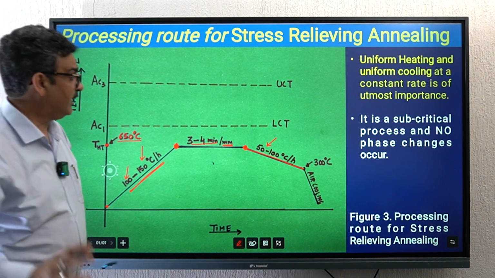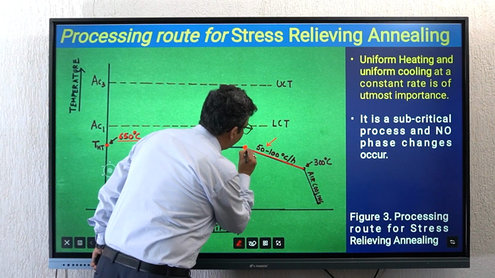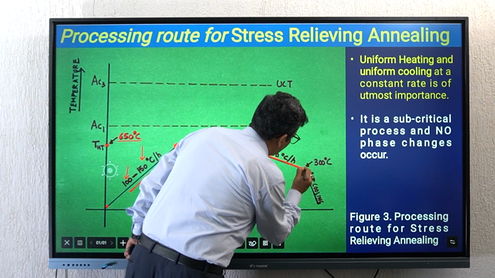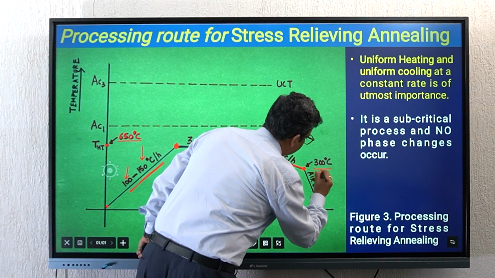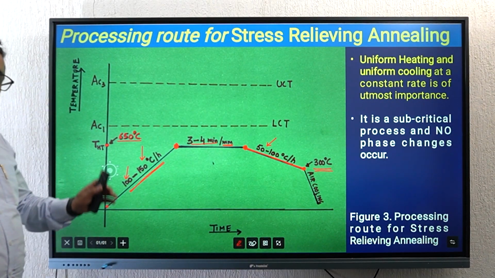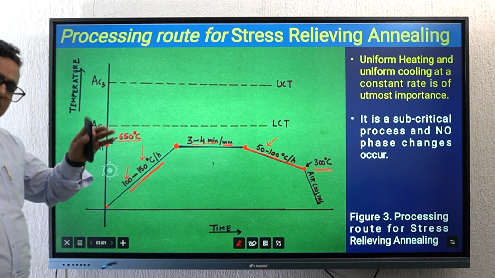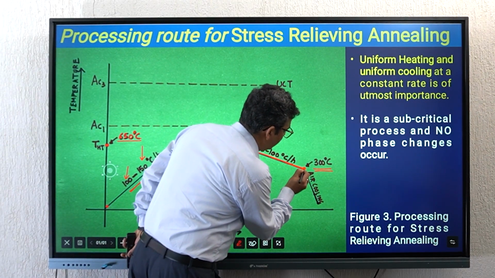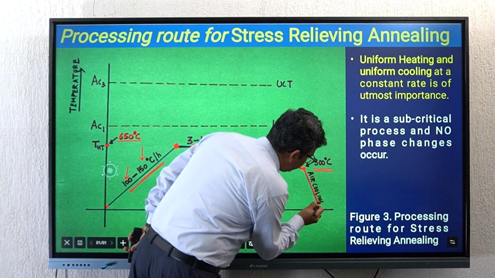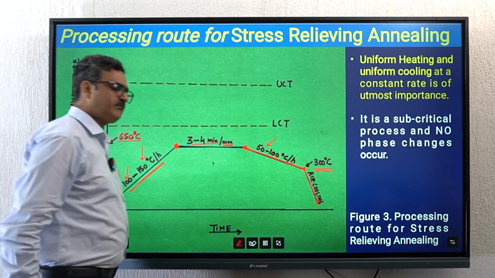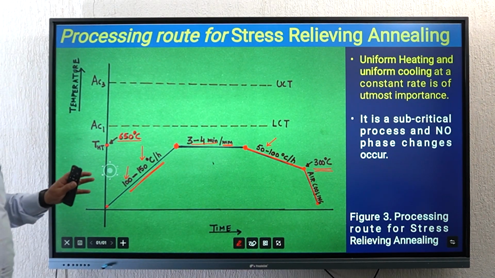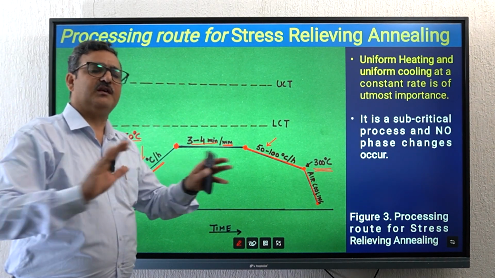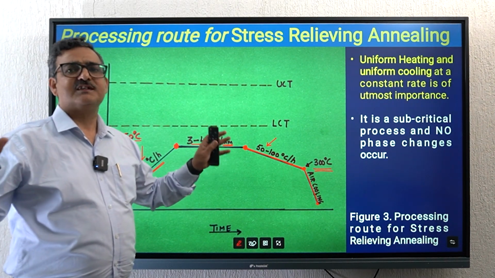We have to be mindful of that. So we have to follow this slow controlled uniform constant cooling rate till a temperature of 300 degrees centigrade. When your component reaches this low a temperature, diffusion is almost complete. Now you can resort to faster cooling, you can do air cooling, and then you reach room temperature. By this time, diffusion would have completed. All internal stresses would have got eliminated from your steel component.